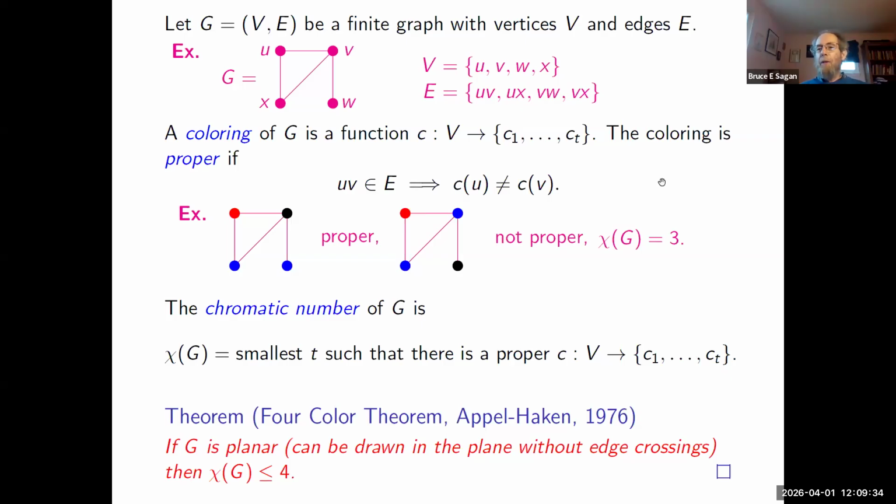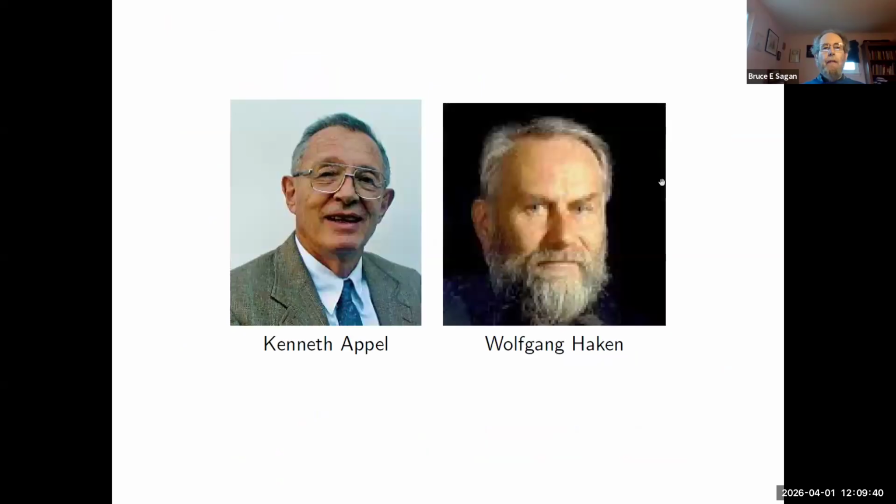I think nowadays there would be no debate, but this was a real new thing at the time. And so there's pictures of Kenneth Appel and Wolfgang Haken, both of them much older in these pictures than they were when they proved the four-color theorem.